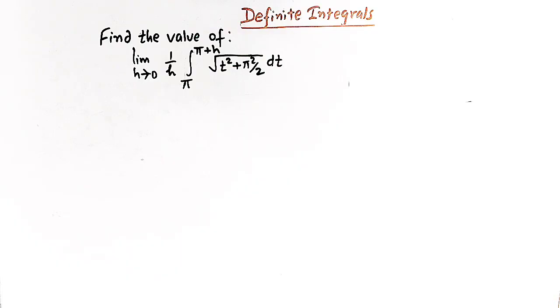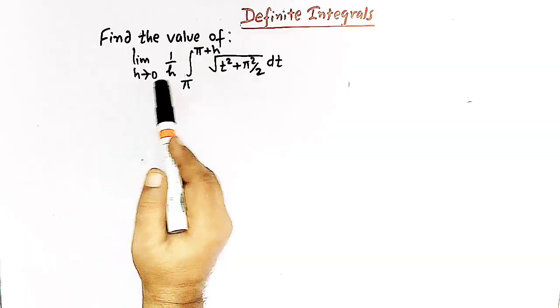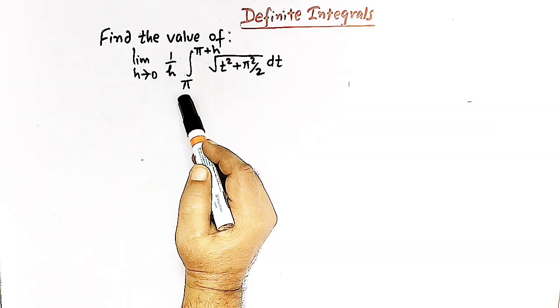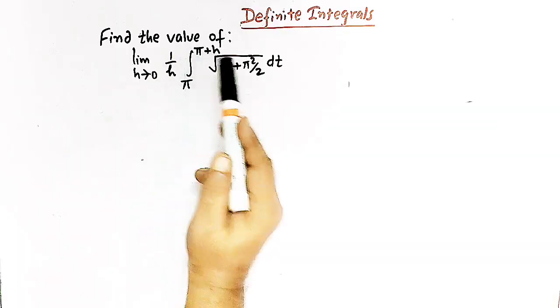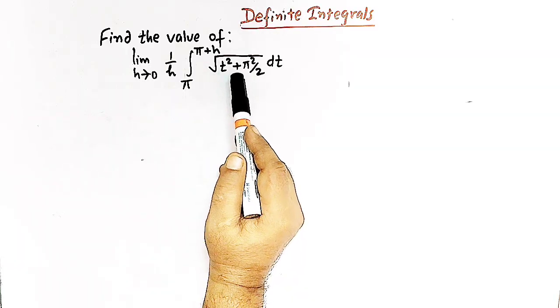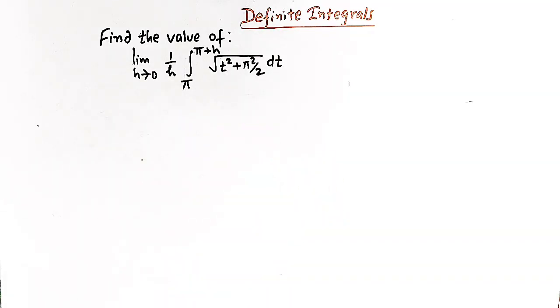Hello viewers, in today's session we are going to discuss another important problem from definite integrals, right? And in this class we are going to find out the value of this expression, that is the limit as h tends to 0 of 1 over h times the integral from pi to pi plus h of square root of t square plus pi square over 2, dt, right?